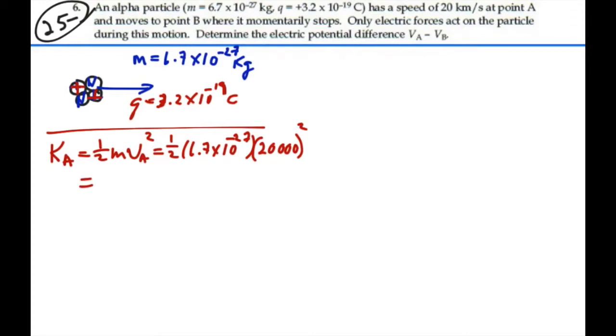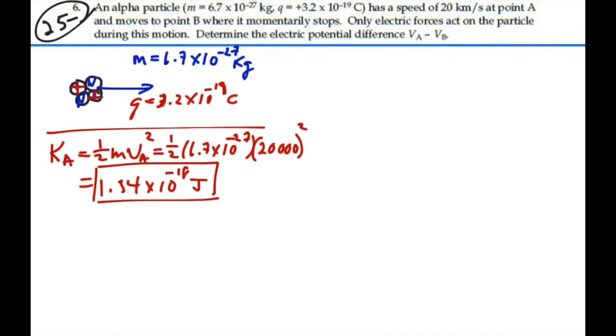And if we calculate that, what do we get? I get 1.34 times 10 to the minus 18 joules. So that is the kinetic energy we have at point A.